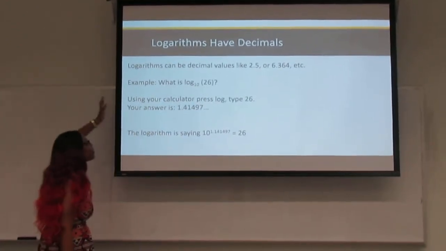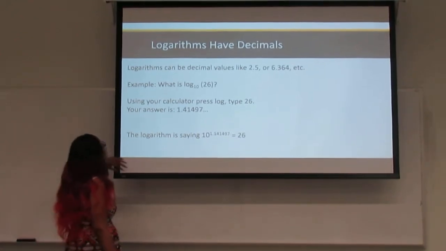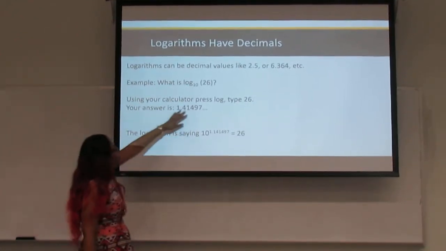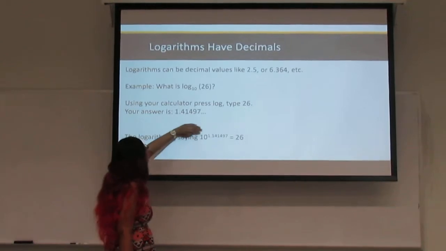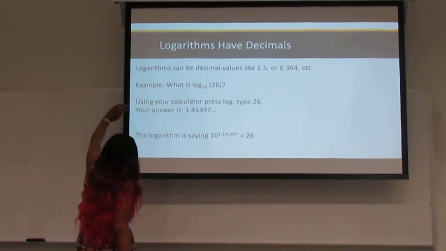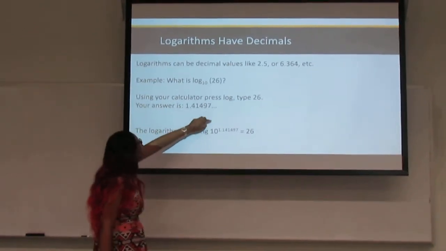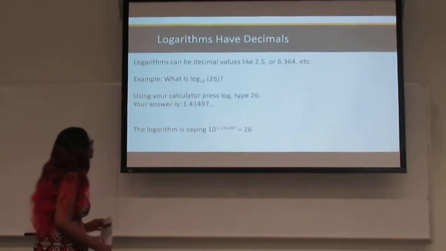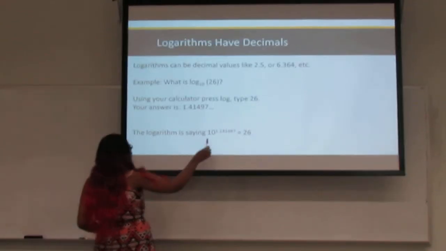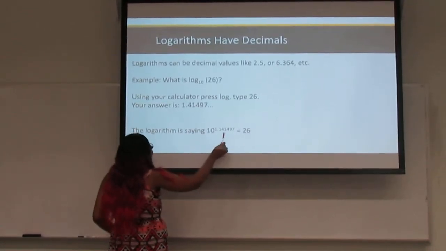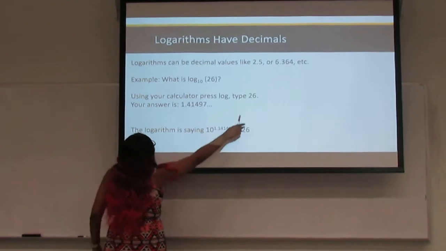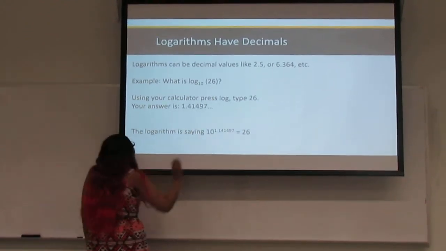Using your calculator, which I don't have present with me, you would press log and type in 26 and close the parenthesis, and then it will be 1.41497. The logarithm is saying 10 to the 1.41497 equals 26, which is n.